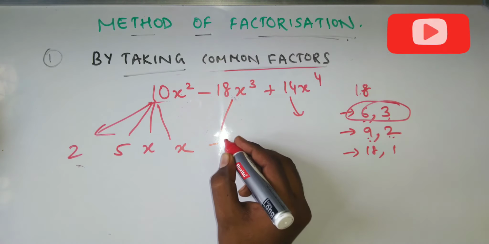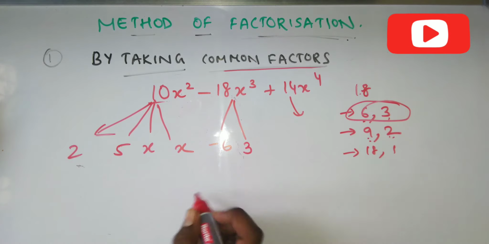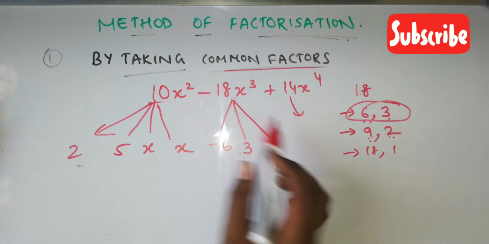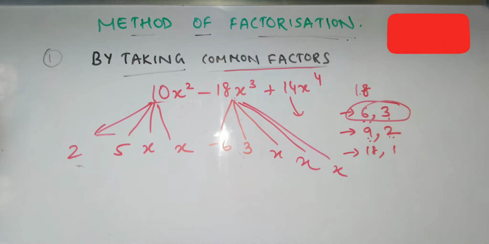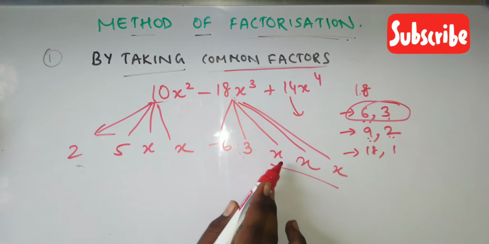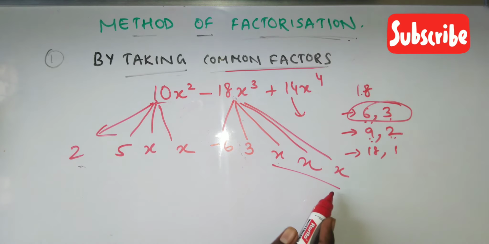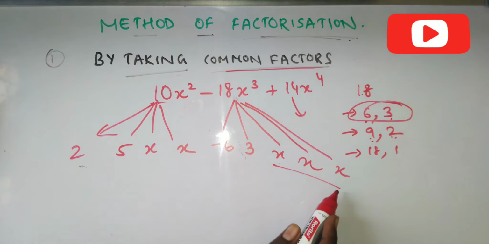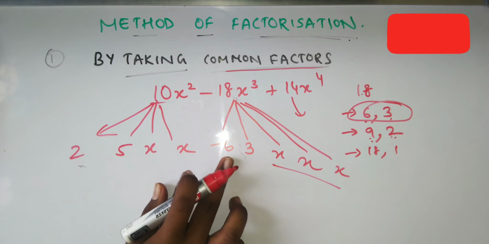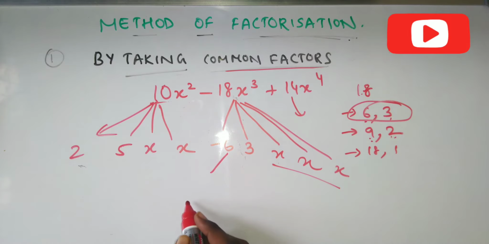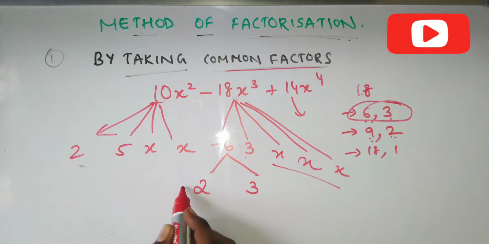So I can write 6, 3, and x. Why x? Because for x cube, x into x will be the rest. Now remember one more thing here: 6 is not a prime number, so again you have to factorize 6. I can write it as 2 and 3, but you have to see the minus sign, so put it anywhere.